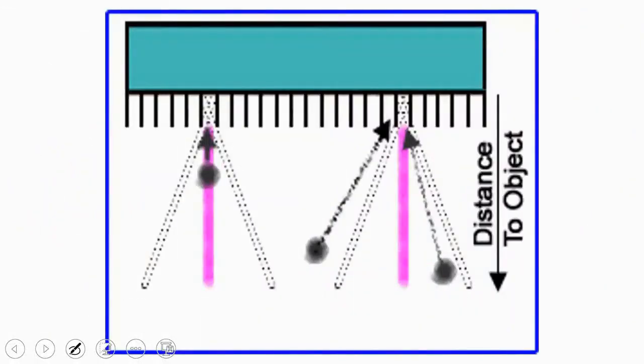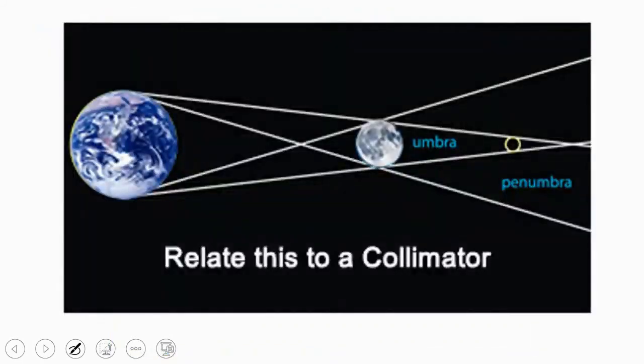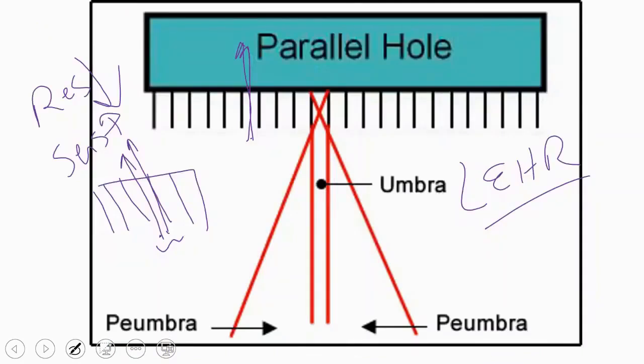One of the points that affects resolution and sensitivity is distance. As the doctor mentioned, the farther away you are, the more you can expect your resolution and sensitivity to decrease. Therefore, you should always try to keep your head, crystal, or collimator as close as possible to the object, as this will reduce something called penumbra.